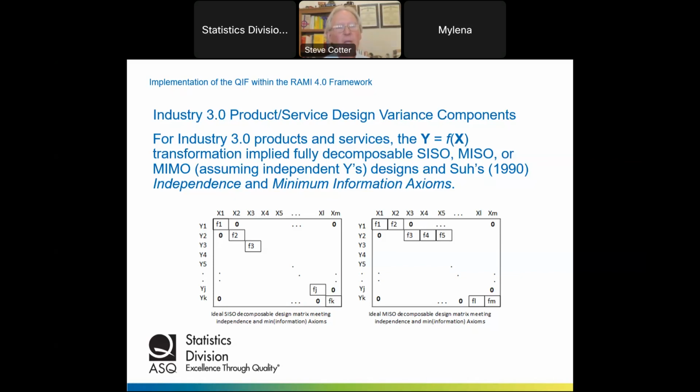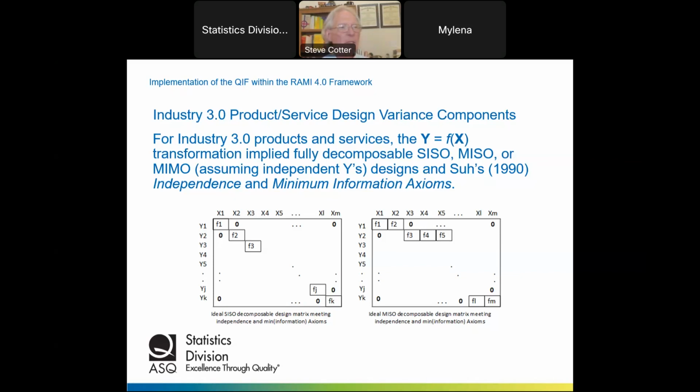Now in the latter, we assume that the y's are independent and they depend on a common set of x's. By independent, they don't interact. Suh 1990, independence and minimum information axiom.